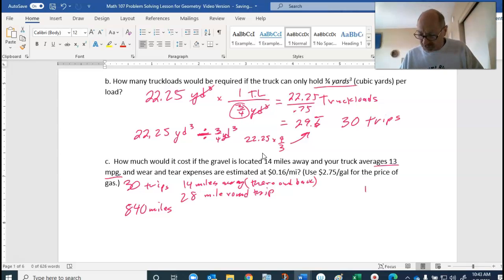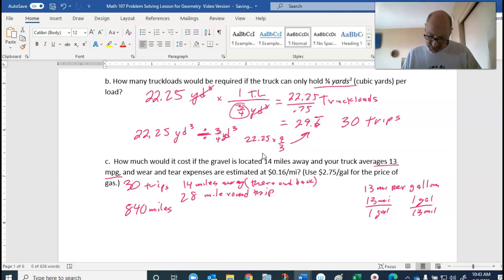The typical way we set up that ratio is 13 miles over 1 gallon, but that's equivalent to 1 gallon will take you 13 miles.